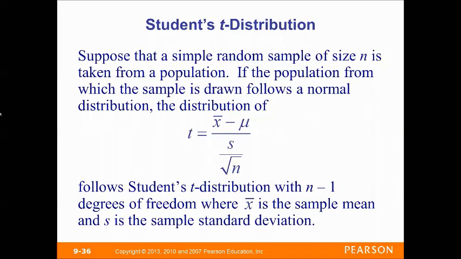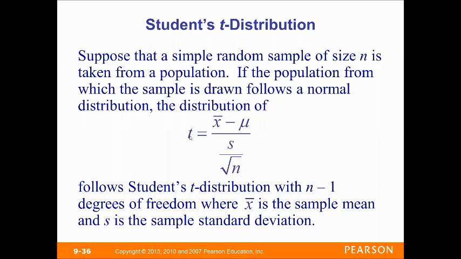We get our standard score by looking at how far our measurement is away from the mean and dividing by the standard deviation. In the sampling distribution, our estimate for sample standard deviation is S. So our estimate of the standard deviation for the sampling process is S over the square root of n.